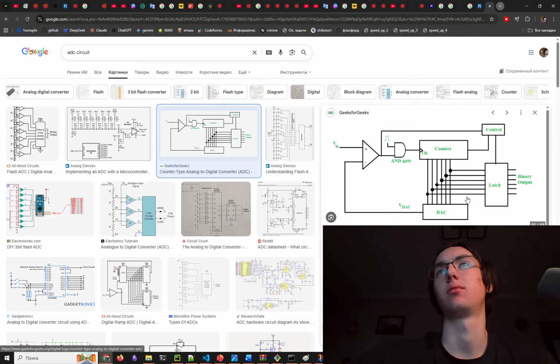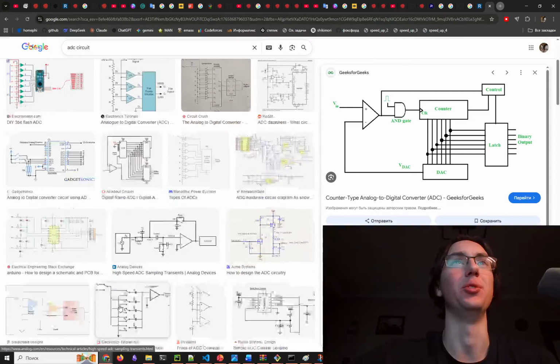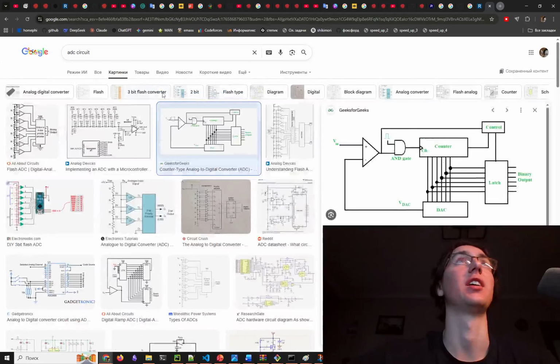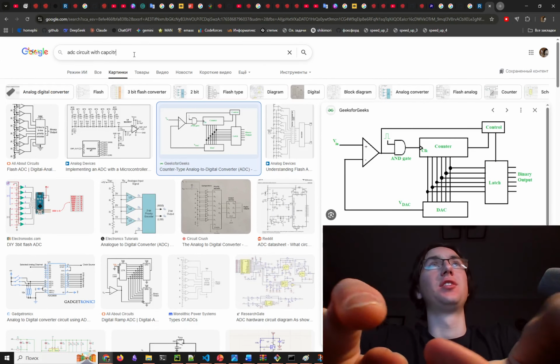Well, I guess it actually can work, but I want to find the circuit that uses just the capacitors and switches and all that stuff, like, I don't know, ADC circuit with capacitor.